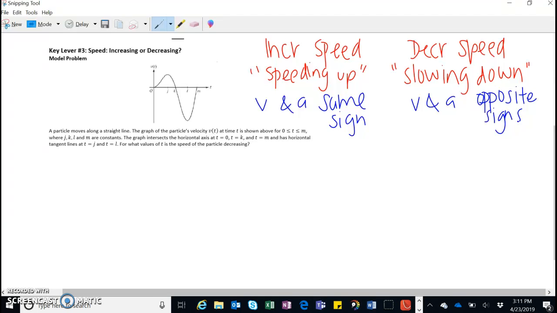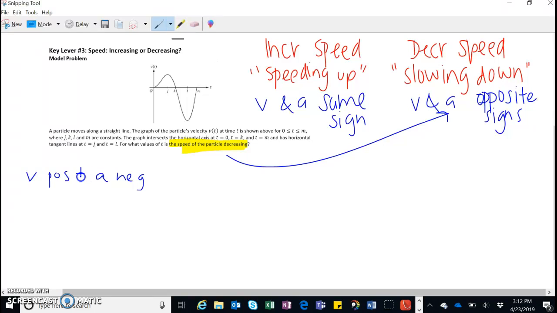So in this case, for the speed of the particle to be decreasing, I'm linking that up with velocity and acceleration having opposite signs. So 2 scenarios are what I'm interested in here. Velocity could be positive, and for speed to be decreasing, that would mean I want my acceleration to be negative.